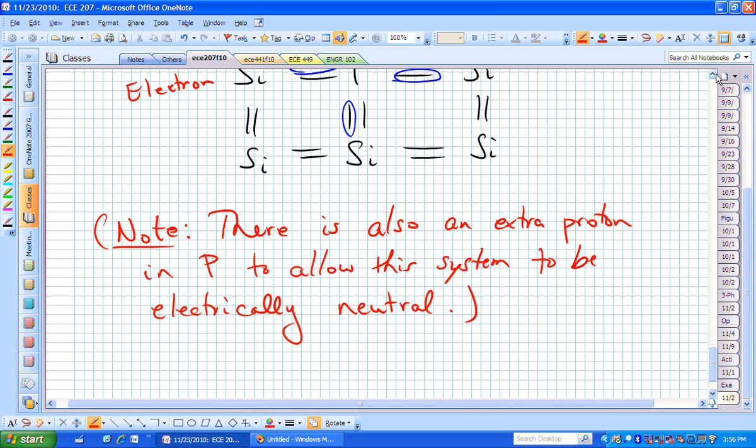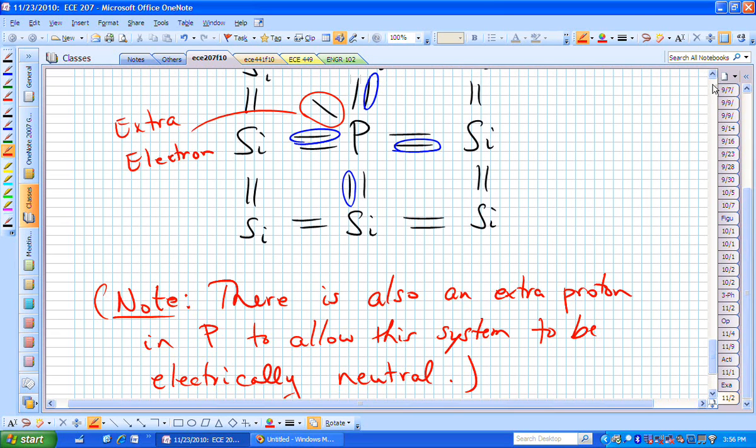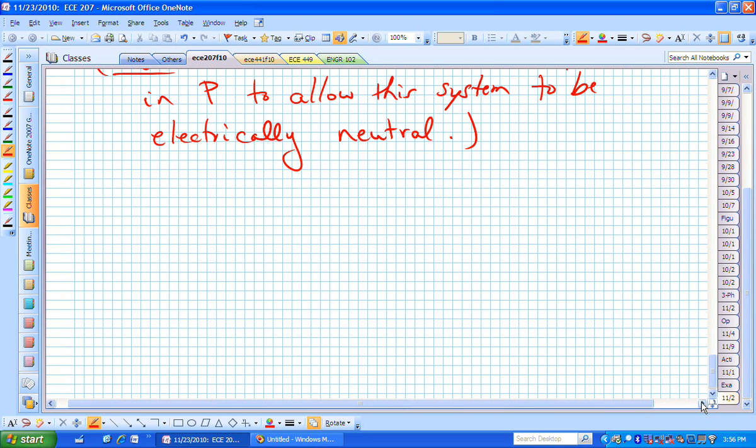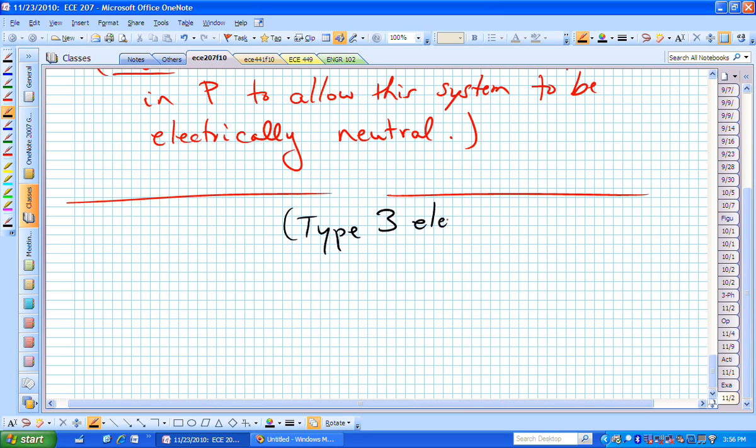That's what we have when we dope silicon with elements that are in the 5 group in the periodic table. If we did the same thing with silicon and type 3 elements, now what do we have?